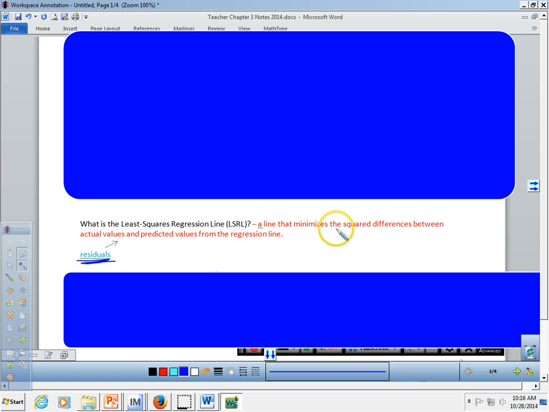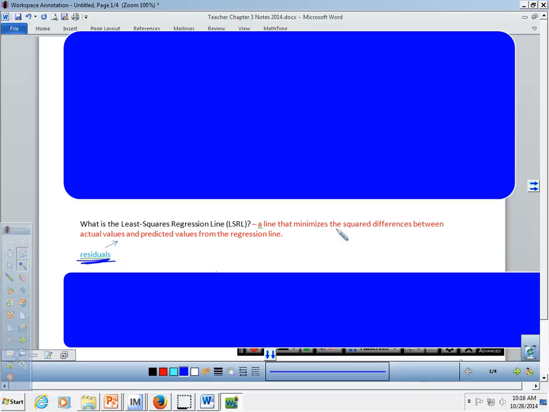Okay, why squared? Well, it's kind of the same as we've talked about with standard deviation, right? If we're going to start adding residuals, and we will in the form of the standard deviation of residuals, which we'll get to later, then we don't want this canceling effect of positive and negative residuals.